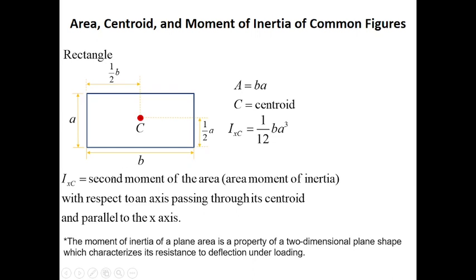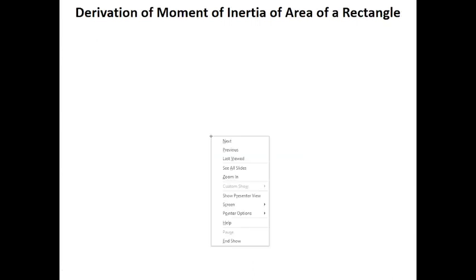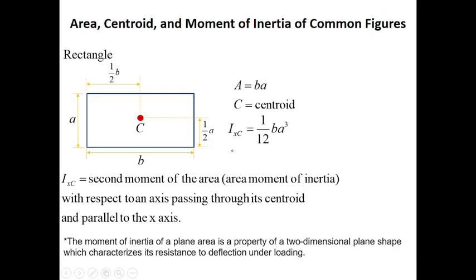Okay? So we have here IXC is the second moment of the area. So we call IXC the second moment of the area. This is also known as area moment of inertia, with respect to an axis passing through its centroid.